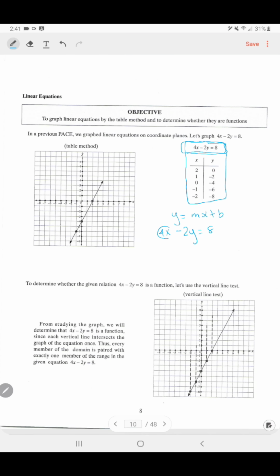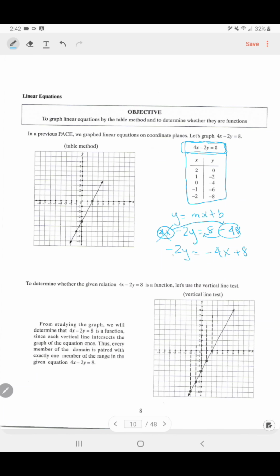So this is on the wrong side. So we're going to move that by doing the opposite, which is minus 4x. So we've got negative 2y equals negative 4x plus 8. And again, I just move this to the front because x goes first.